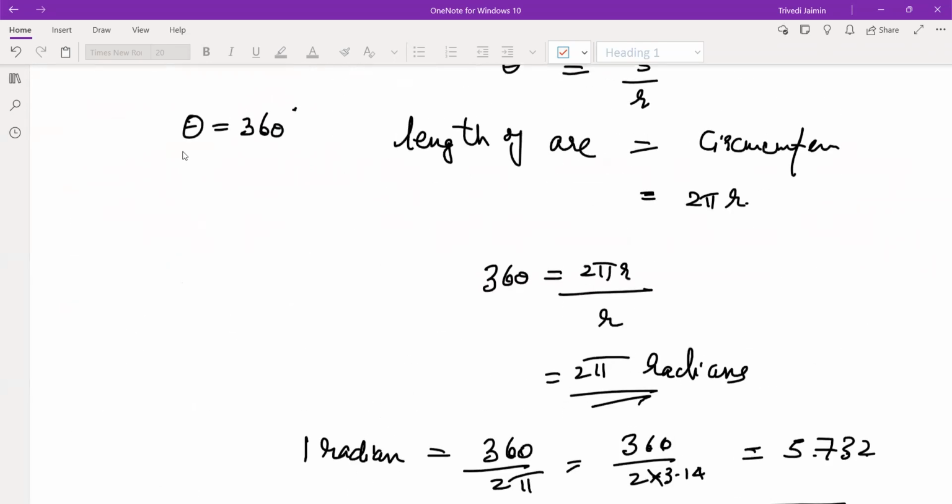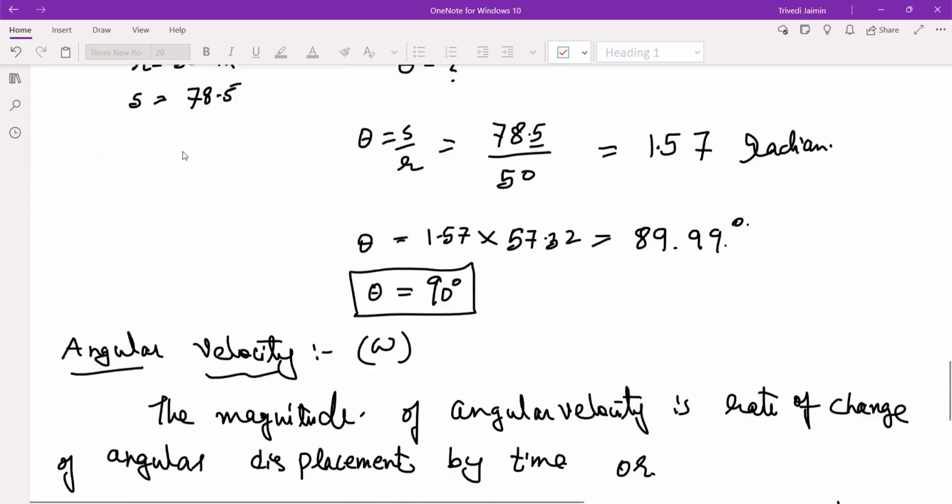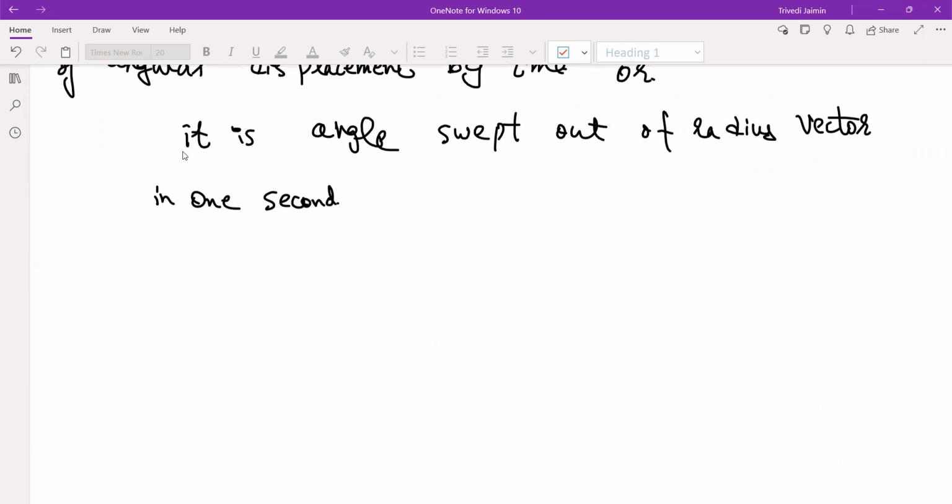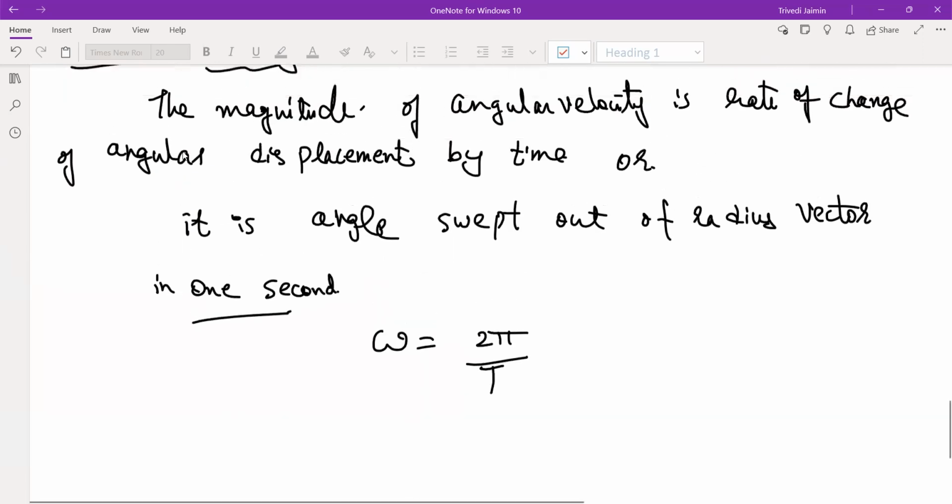Theta equals to 2 pi radians. That's what we wrote. So let's write that. Omega is rate of change, that is 2 pi with respect to time. How we got this? Omega equals 2 pi by t, by the definition. Angular velocity is rate of change of angular displacement by time.